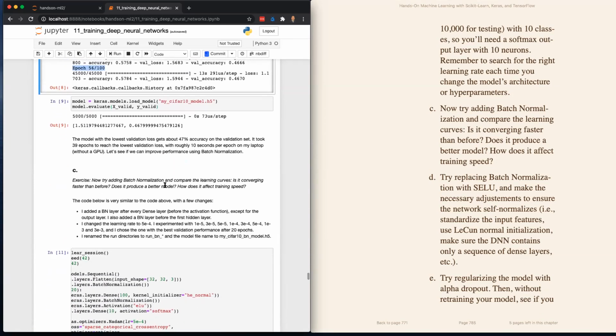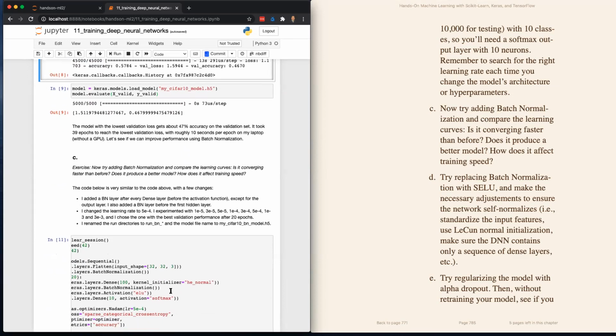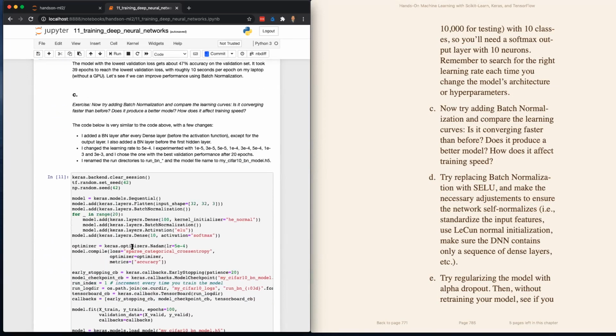Okay. In the next question, all he did was ask us to add batch norm and see what difference it's going to make. We still have the ReLU activation between the layers. The activation on the last layer is softmax. The loss is still the same. Everything is the same.